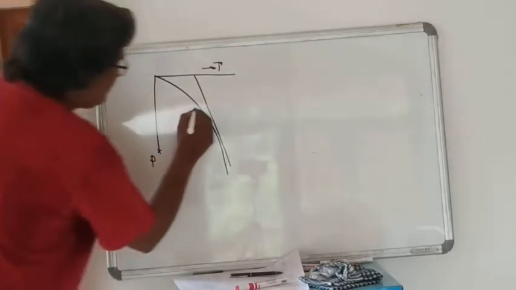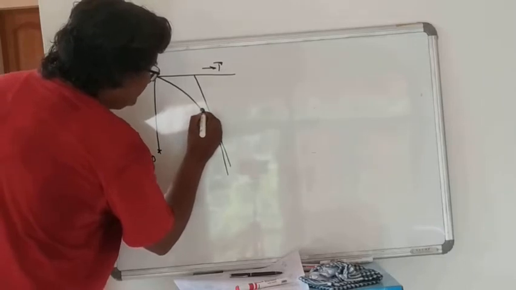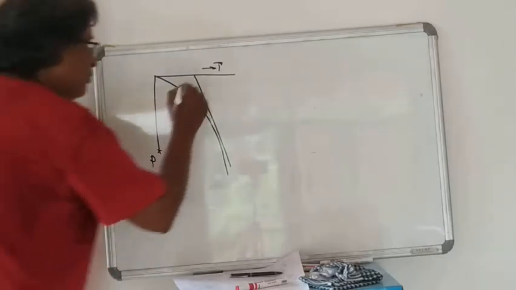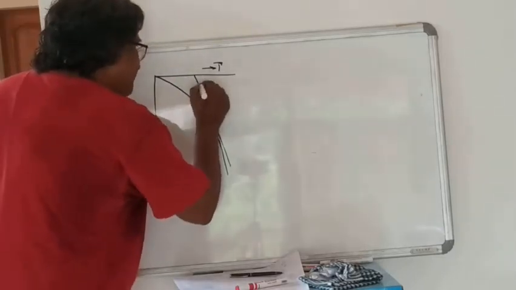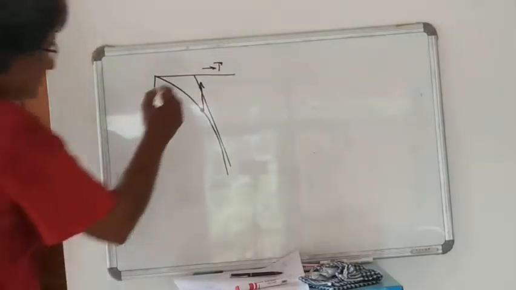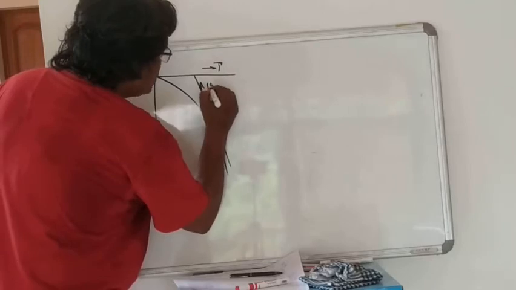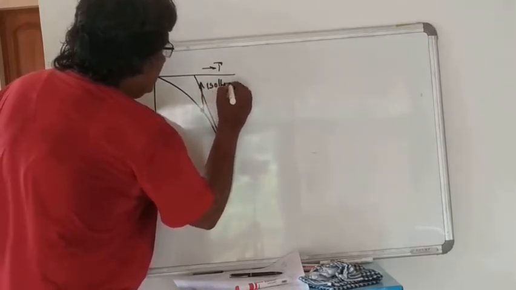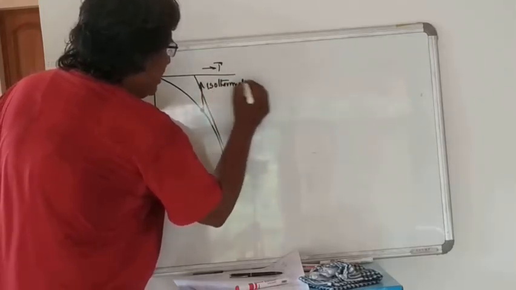And if we have a point here, then we can intersect the melting curve by going this way. Right? This is what we did. Isothermal decompression.